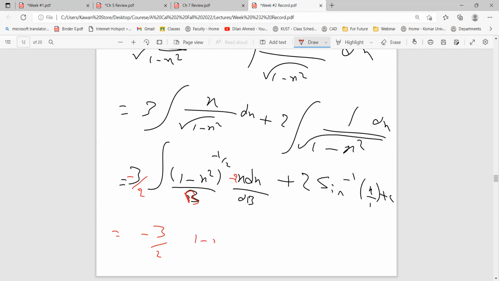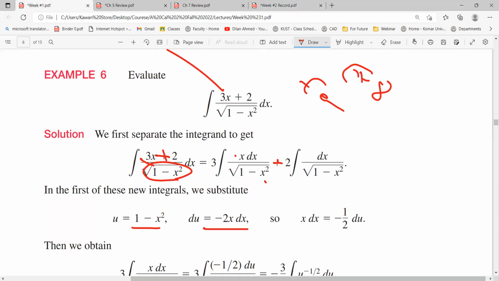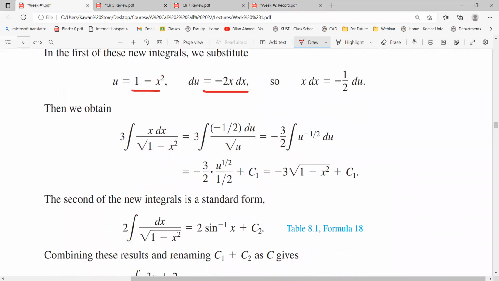And 1 minus x squared. No, we add 1 over. We add 1, so minus half will be half. Right? And 2 sine inverse of x plus c. So that's all that we have.